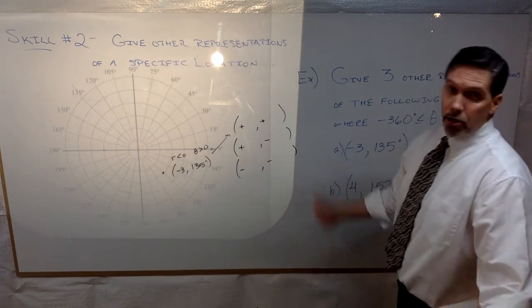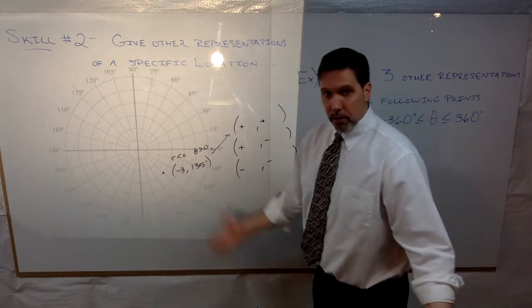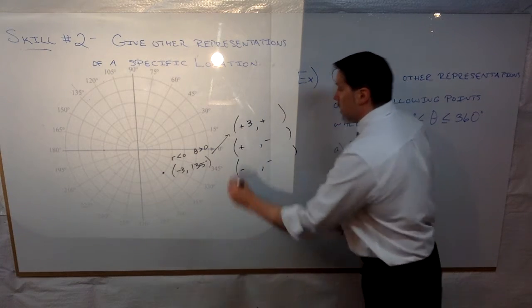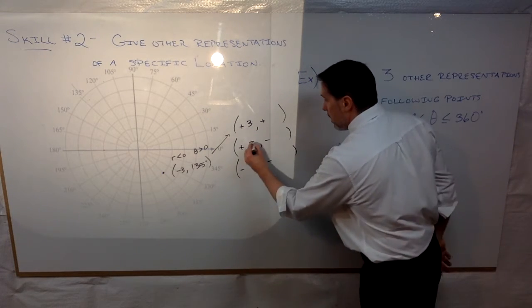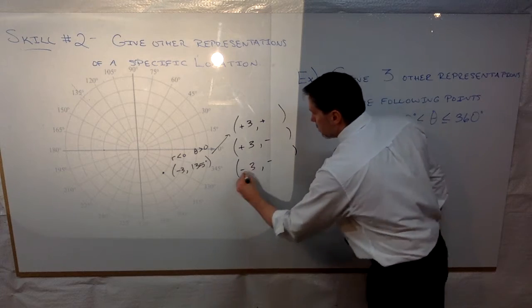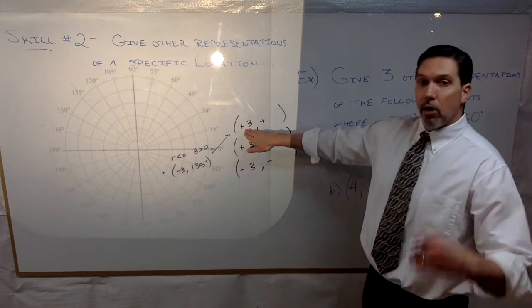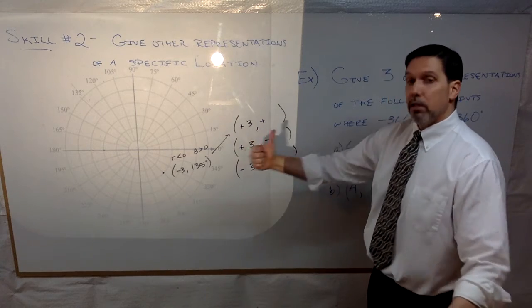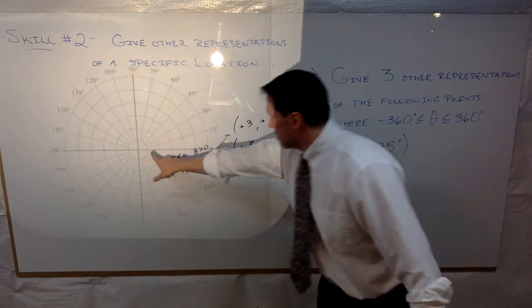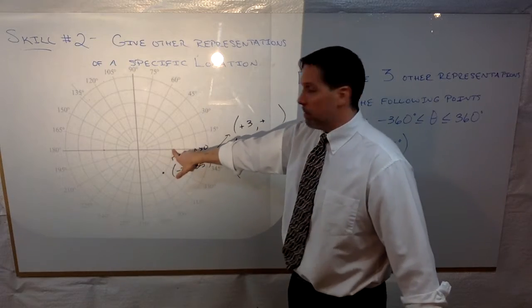Now, the r's are spoken for. You're going with 3 or -3. So I already put the plus sign. That's going to be a +3. That's going to be a +3. That's going to be a -3. So I'm going to go 3 spaces, since that's positive, to the right of the pole. So 1, 2, 3 to the right of the pole.